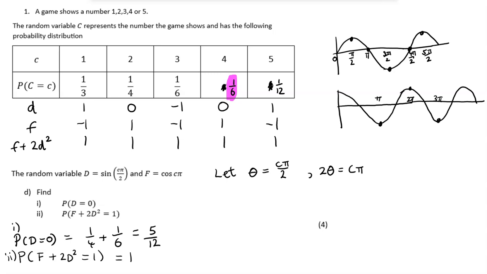And if we plug that into f plus 2d squared equals 1, well, f is going to be cos 2 theta, and d is going to be sine theta, so if we do 2d squared, that will be 2 sine squared theta. And if you rearrange this, you'll get cos 2 theta equals 1 minus 2 sine squared theta, which we know is one of our trig identities.